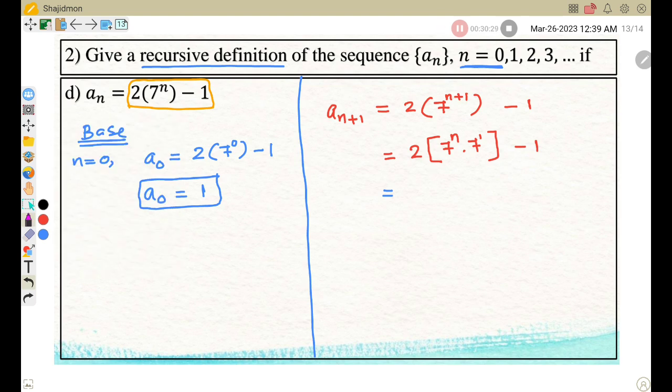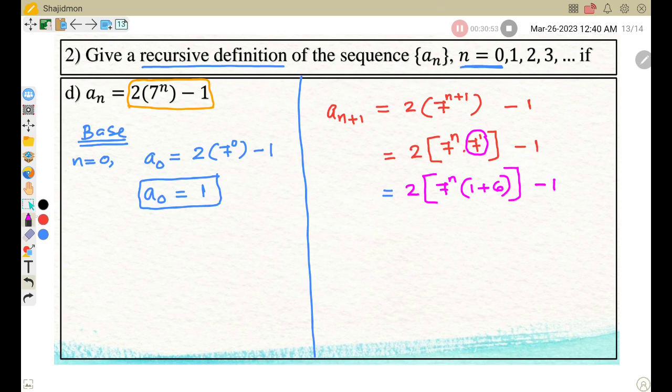So how to write that one? We can write 2 multiply 7 power n. Instead of this 7, how to write 7 actually? We can write like 1 plus 6, correct? 1 plus 6 is 7. Why 1? The next term is 1 here. So 1 plus 6 I am writing, minus 1 same.